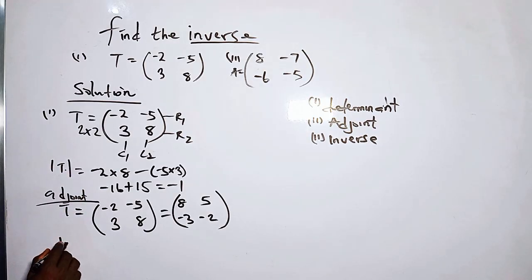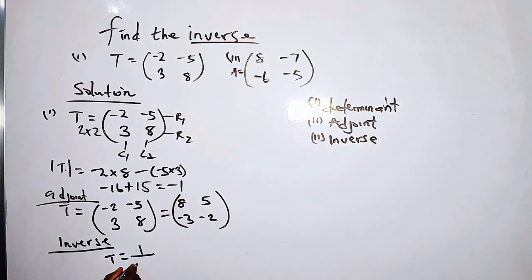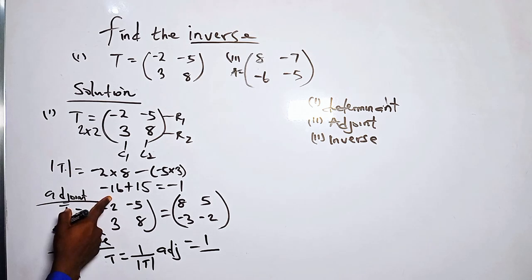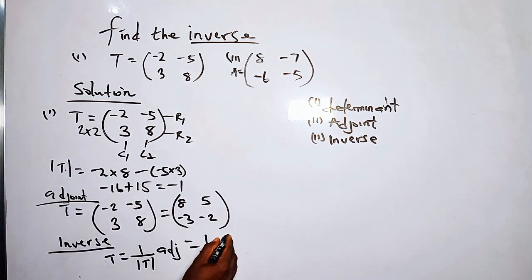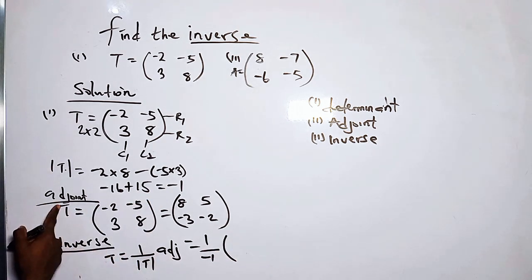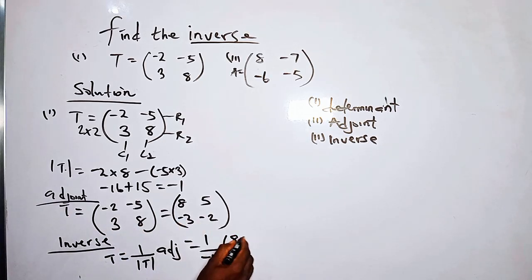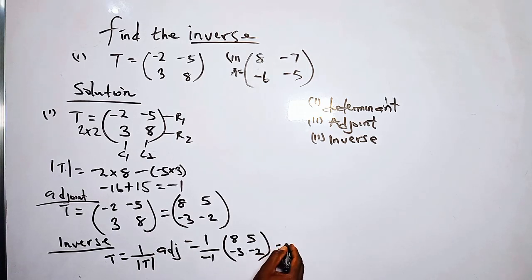Lastly, we look for the inverse of the matrix. The inverse of matrix T is 1 over the determinant of T, multiplied by the adjoint of the matrix. The determinant of matrix T is -1, so we multiply by the adjoint, which is 8, 5, -3, -2. 1 divided by -1 is -1.